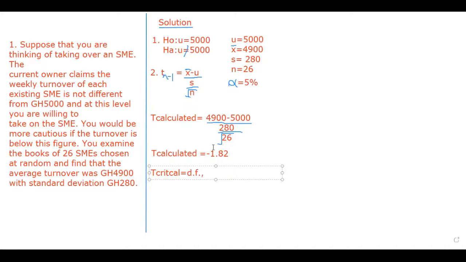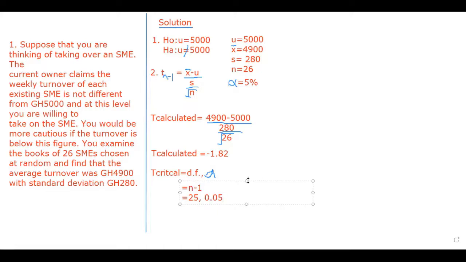The alpha value. Then we find that on the table. You get it? We are saying that degrees of freedom is equal to what? N minus 1. So our N is 26. Subtract 1 from it, you get 25. And the alpha, we are saying 5%, which is 0.05.